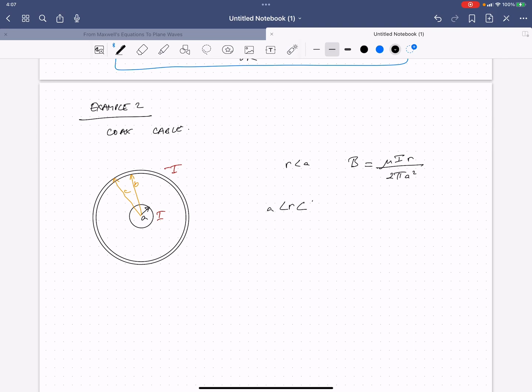In between, it was B as mu I over 2 pi R, and inside this outer conductor, so R being between C and B, it was mu I over 2 pi R times I minus I (R squared minus B squared) over (C squared minus B squared).